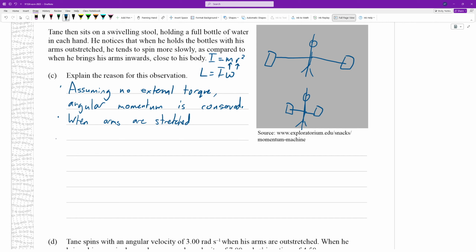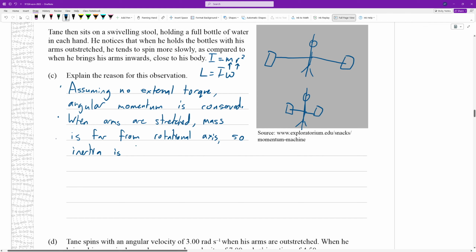And we can consider the mass of the water bottles. As that mass is further away, distributed far from his axis of rotation, his inertia is high. So when arms are stretched, mass is far from the rotational axis, so inertia is large.